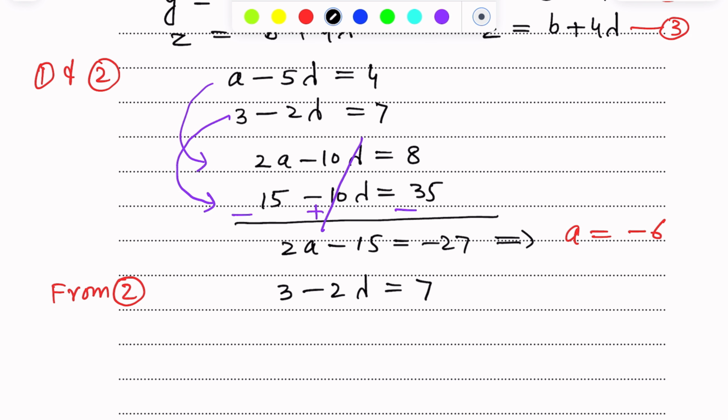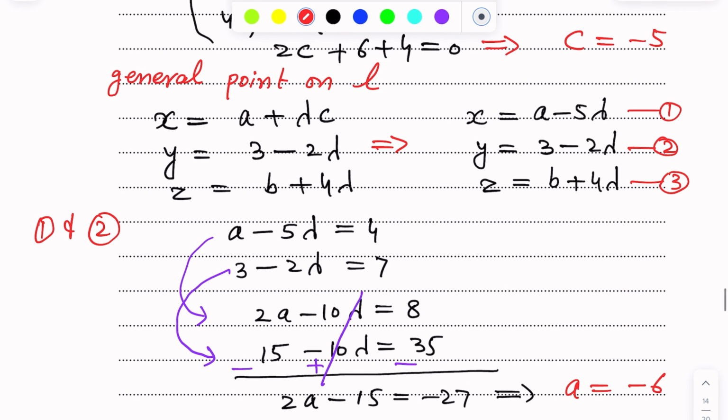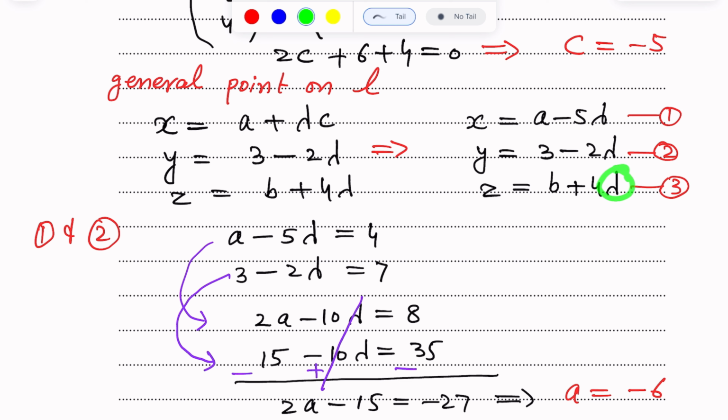From here lambda is equal to minus 2. Now we have found the value of lambda.